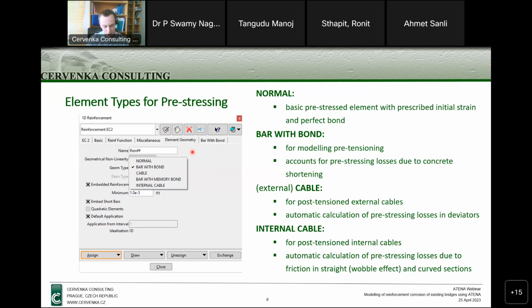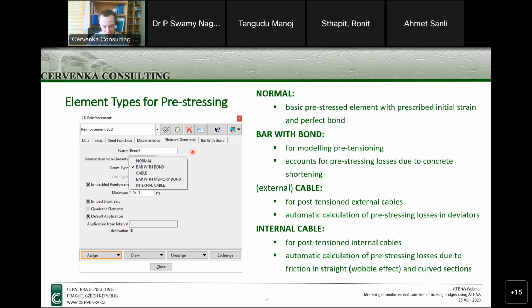For example, the case where we first stretch the cables, then we cast the concrete, and then we release the prestressing, and what happens is that the prestressing relaxes a little bit due to the elastic shortening of the concrete. So this is included in this method.